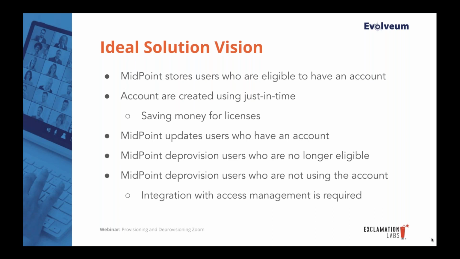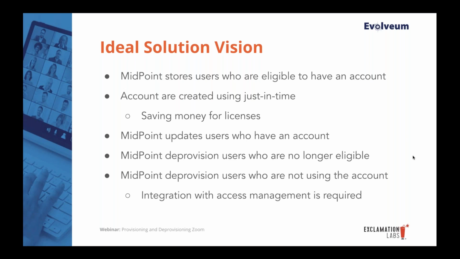But then when this happens, midPoint will detect which accounts were created, and from then on midPoint will update them. So if, let's say, the email or family name of the user changes, midPoint will update this automatically for the users who already have an account created. And of course, midPoint can deprovision users who are no longer eligible.